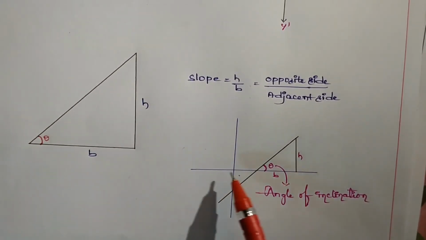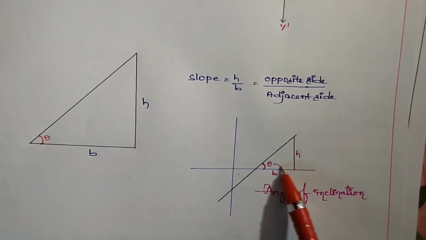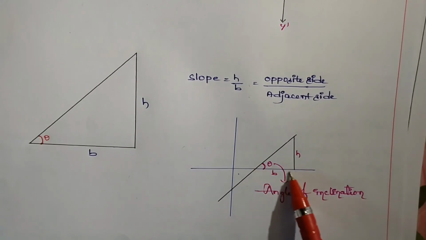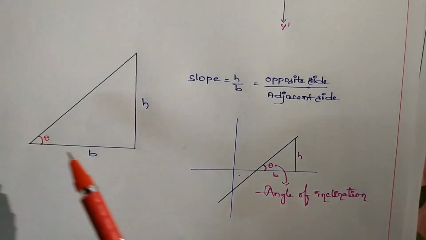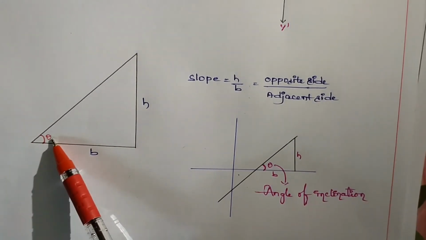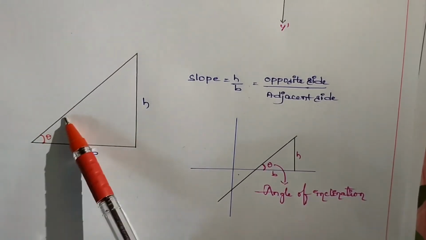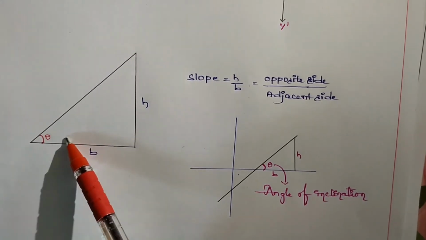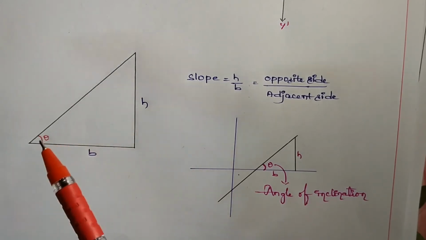It is the ratio of perpendicular, this is perpendicular to this line, and base of a right angle triangle, which is equal to tan theta. Here, if we consider an angle theta between a horizontal and a slanted line in this illustration, that angle can be specified by just giving its slope.